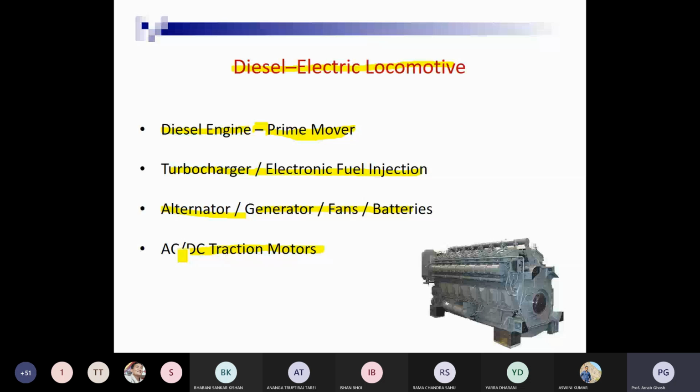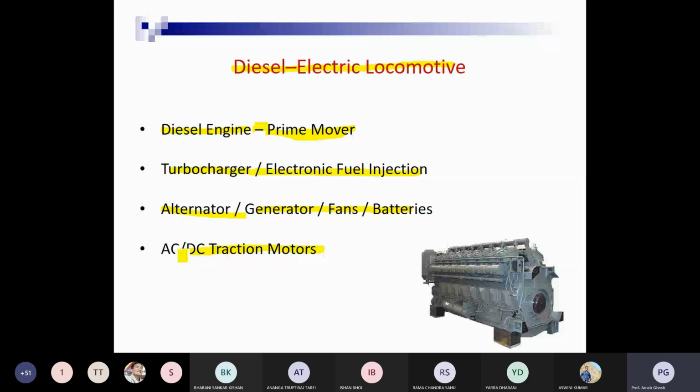The same fundamental thing is used here: the generation is coming from that generator. That generator is responsible for driving the motor as well as supplying the internal electricity of the locomotive and the bogies connected with the locomotive. Okay, that's the basic fundamental thing.